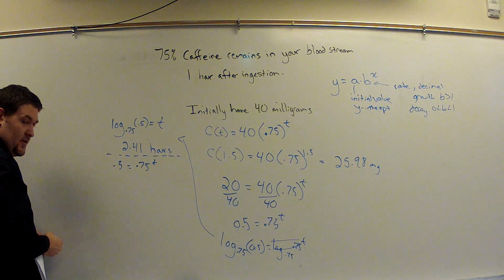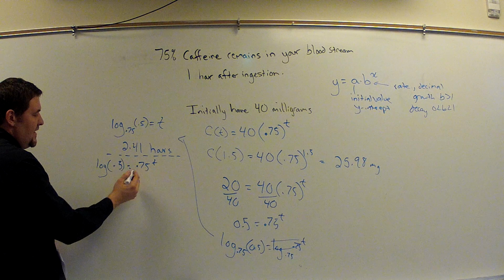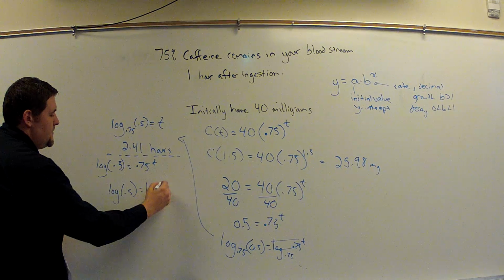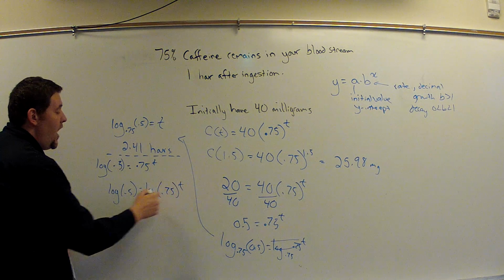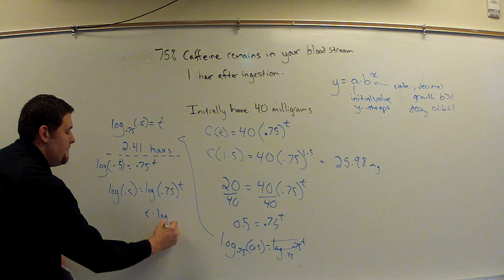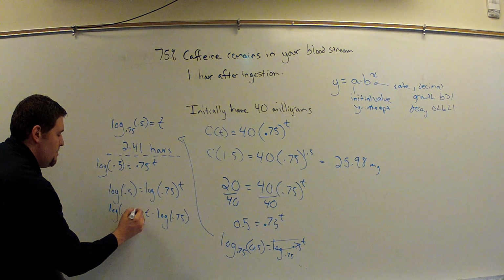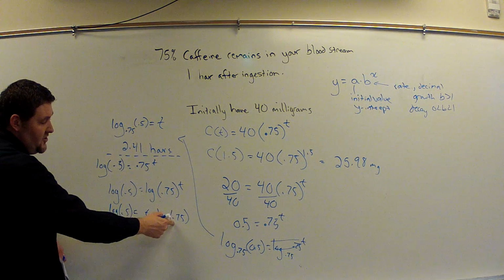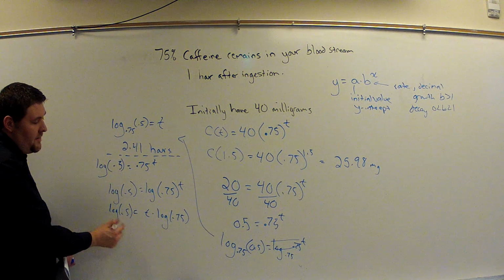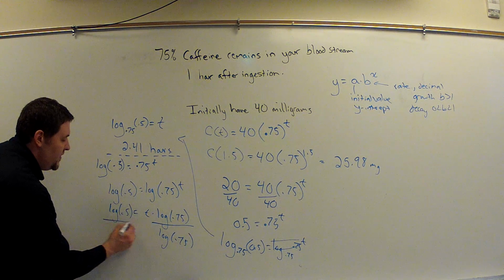If you use a common logarithm to solve this, common logarithm base 10 of this side, and a common logarithm base 10 of the other side, our power property says that this t now can come in front of the logarithm. This is just a number now, log of 0.75, and this is a number. So it's a number times t equals this number. We're going to solve for t by dividing by this log of 0.75.